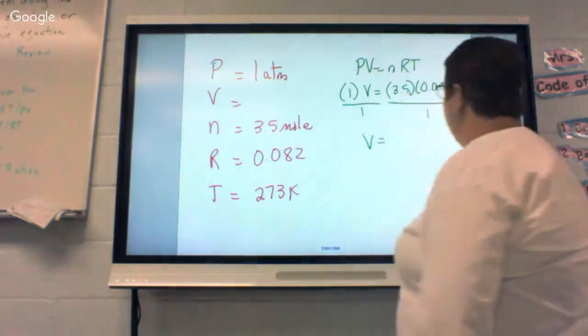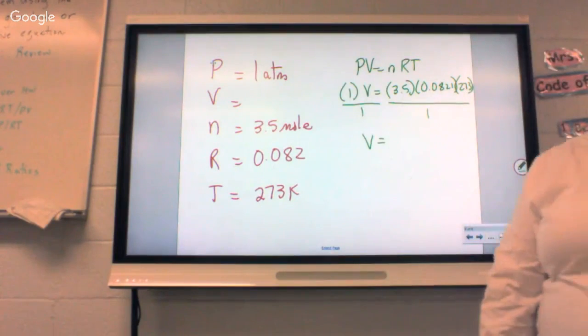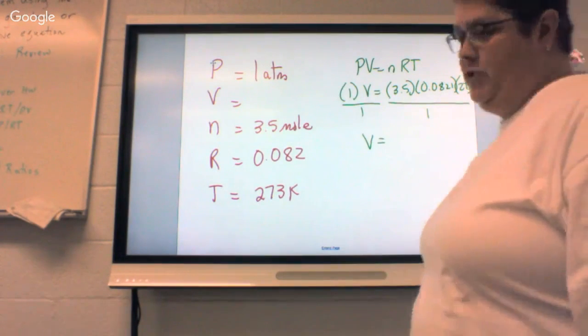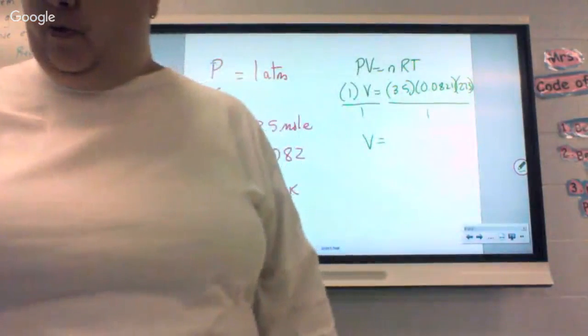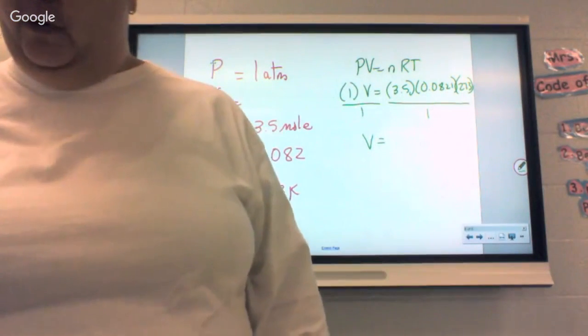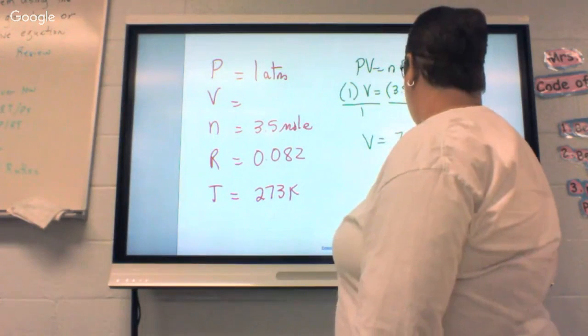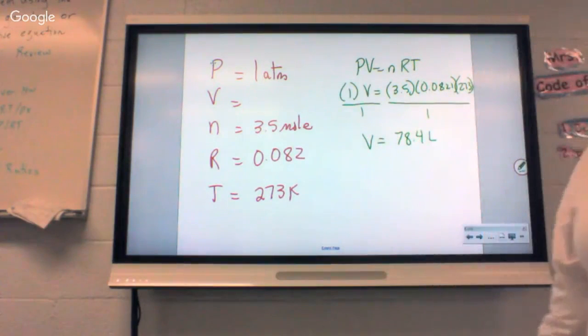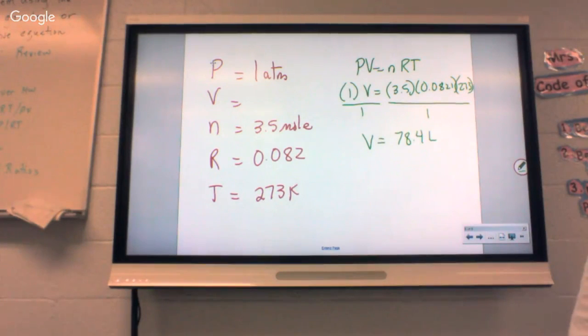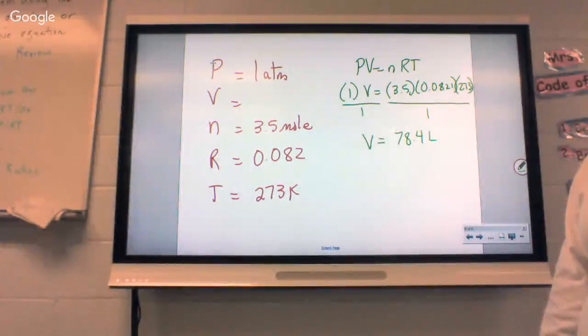Volume equals whatever you get when you multiply or divide, which is 3.5 times 22.4, 78.4. It could be. Okay. Which other one did you want to do?